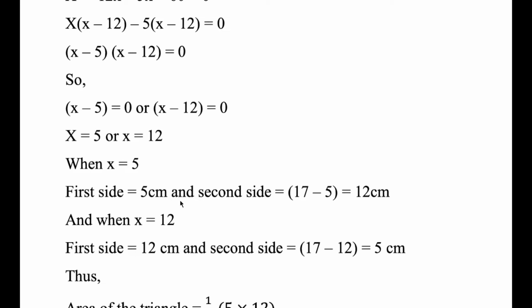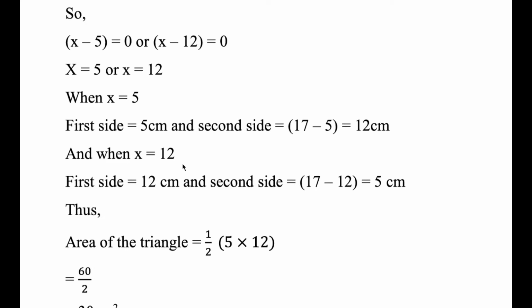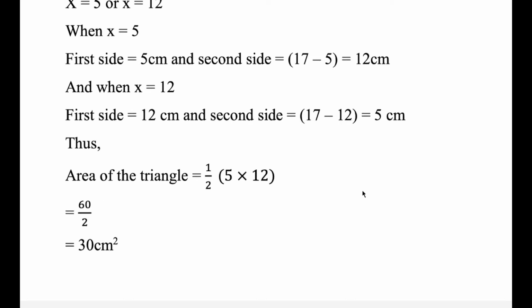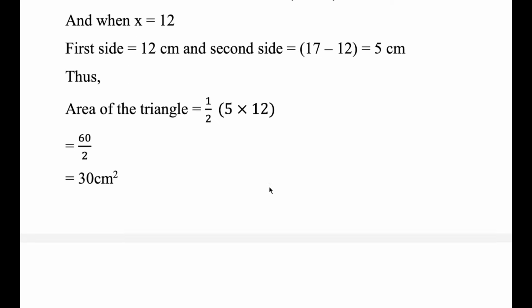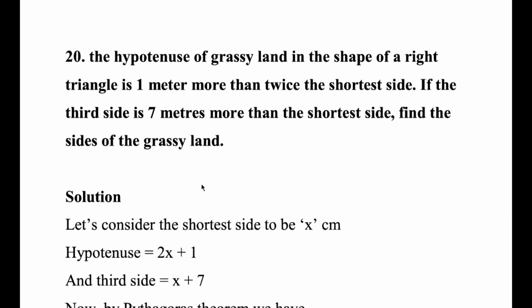So first side 5 centimeter, second side will be 17 minus 5 is equal to 12 centimeter, and when x is equal to 12, the second side will be 5 centimeter. So the area of the triangle 1 by 2 into 5 into 12, that comes to 30 centimeter square. Come to the next problem.